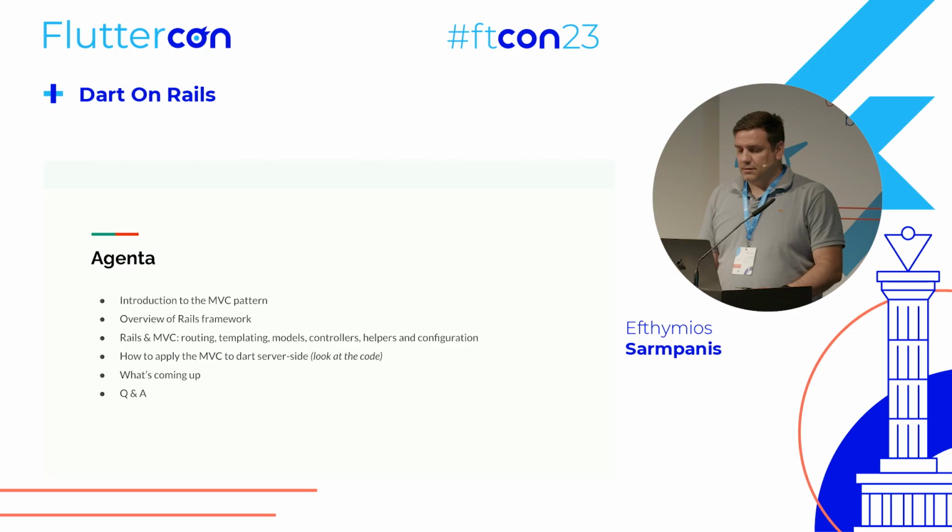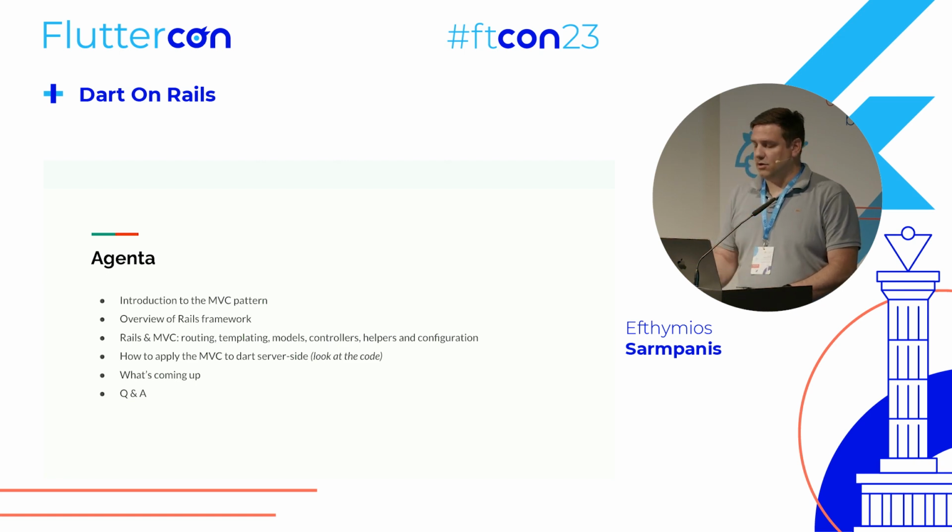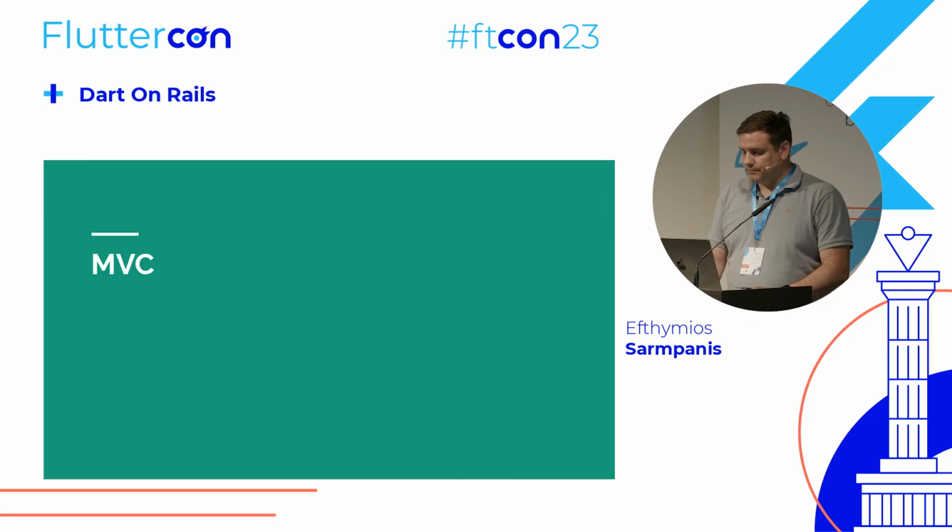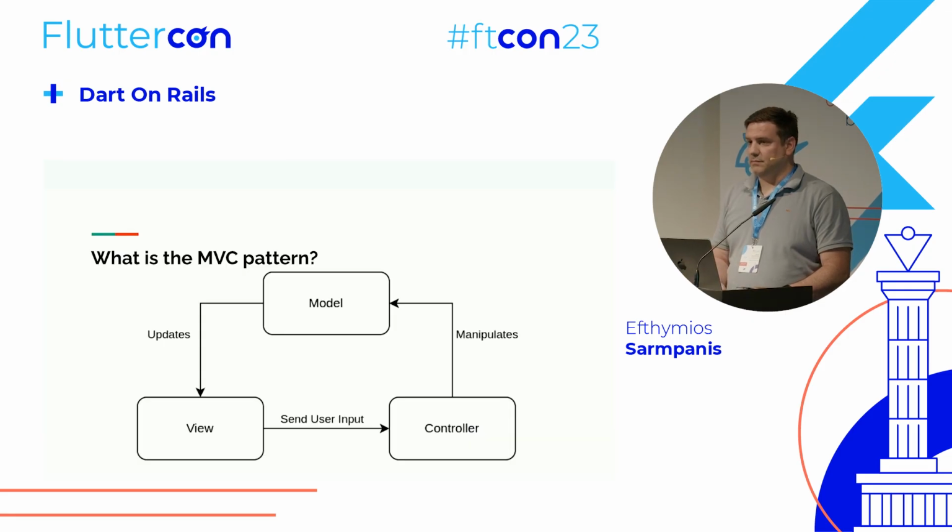And then we're going to look at code to see how we can adapt that structure into our server-side Dart code using the MVC pattern as it is structured in Rails. Then we're going to check what's coming up in terms of this talk, and then if we have time, a Q&A.